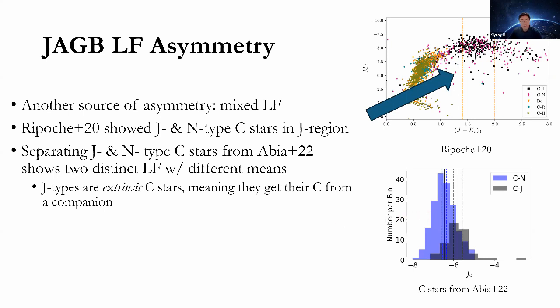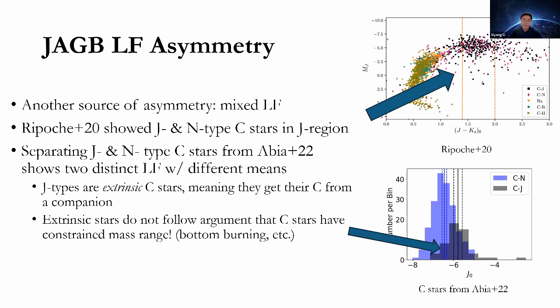Now, one point to note is that these J-type carbon stars are extrinsic carbon stars, meaning they get their carbon from a companion star. That also means that their mass range is not necessarily restricted by the traditional argument for intrinsic stars, that if you're too massive, hot bottom burning will occur.